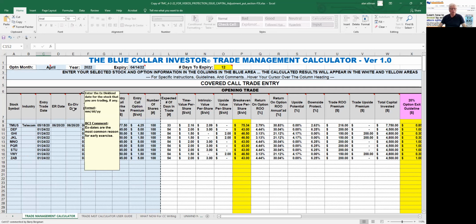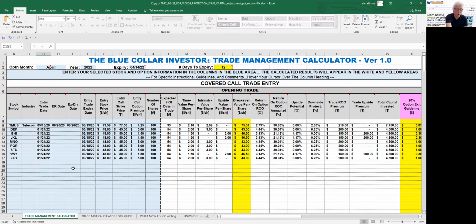It will give you other information like ex-dividend dates are the most common reason for early exercise. So that information on the title of each of these columns is inherent in the spreadsheet. You don't have to go to the user guide to get an overview idea of what each column represents.